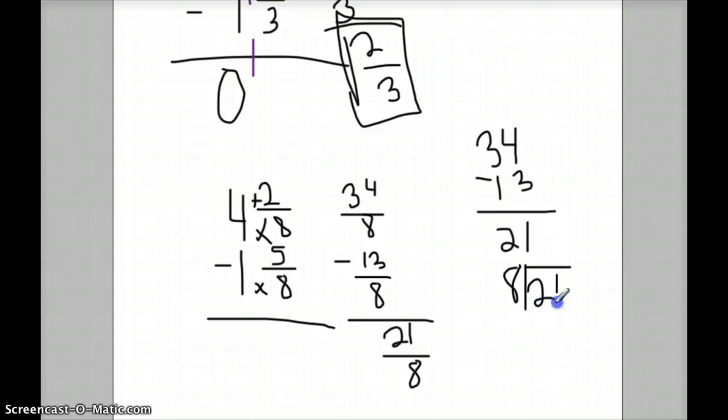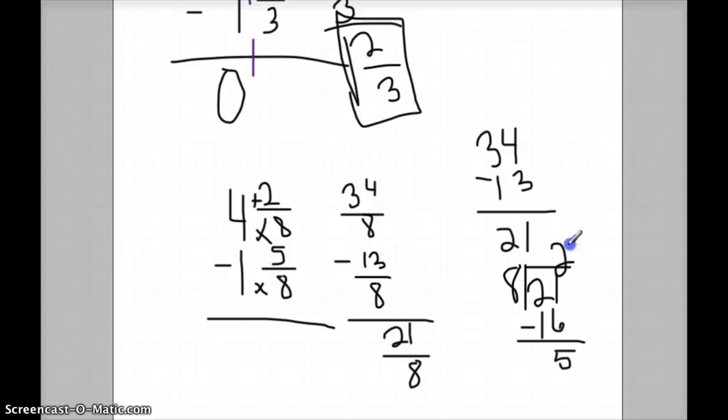8, 16, 24. Well, 24 is larger than 21, so I can't do that. So it's 8, 16, so it's times 2. 8 times 2 gets me 16. I subtract 21 minus 16, and I get 5. Okay? So now I look at my 2 up here, and I have my 5.